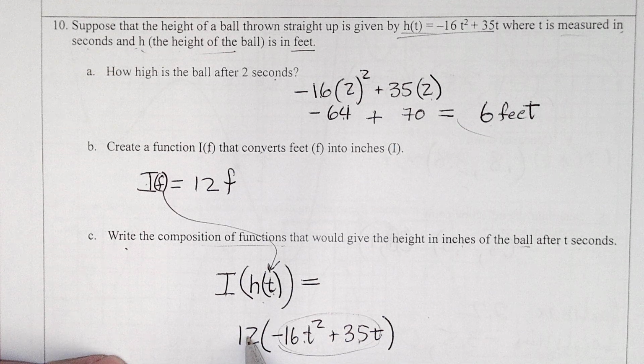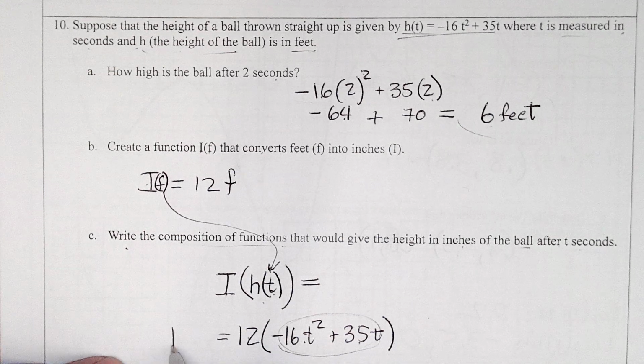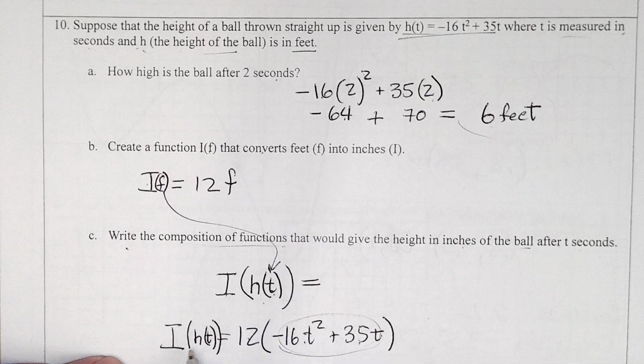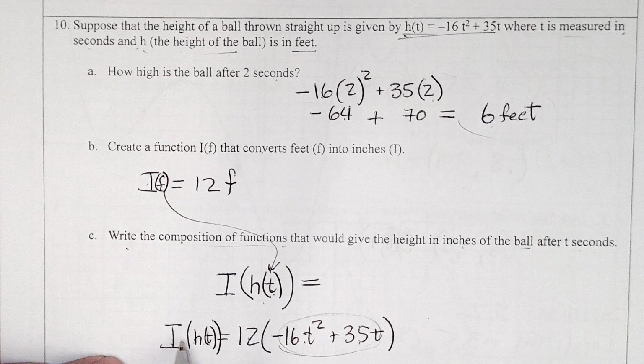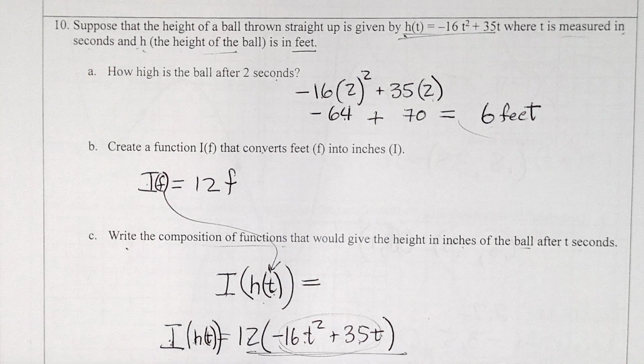If I multiply by 12, I get the height in inches. But I want you to write this notation. So get the height in feet, that's what this one did, times 12 to convert it to inches, height in inches. All right.